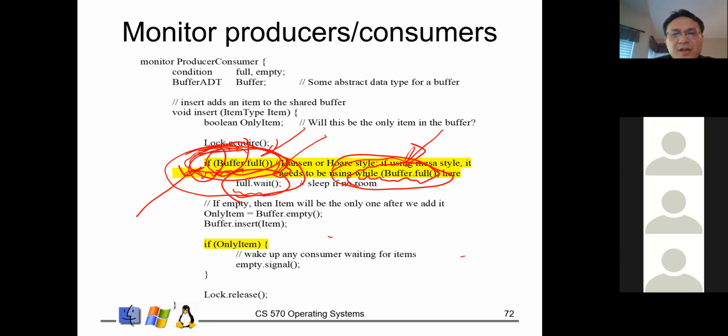You could have a situation where the signaling process gives the lock to another thread, that other thread enters its own critical section and inserts an item into the buffer, which would make the buffer full again. Then eventually this blocked thread acquires the lock, the buffer may be full again, and this thread would be blocked again. It needs to wait for the buffer to become not full.